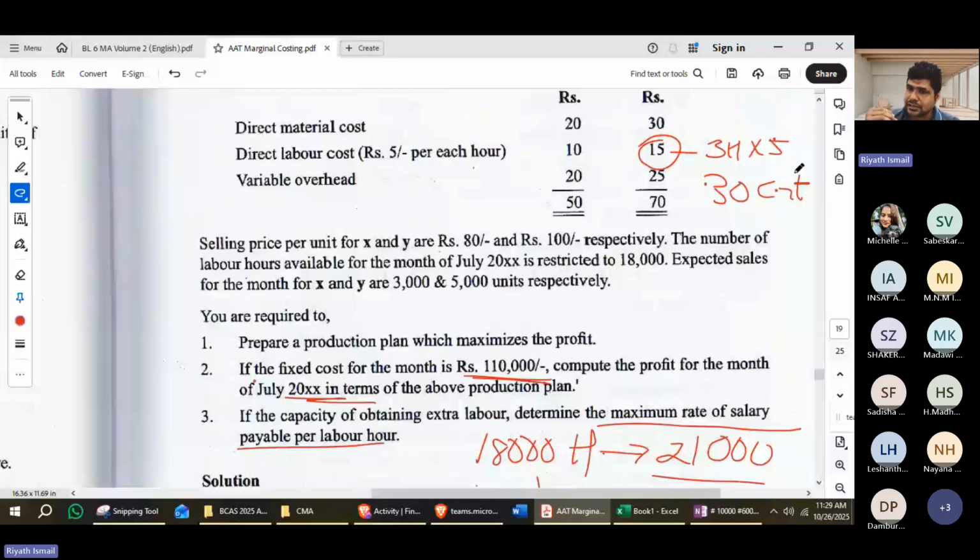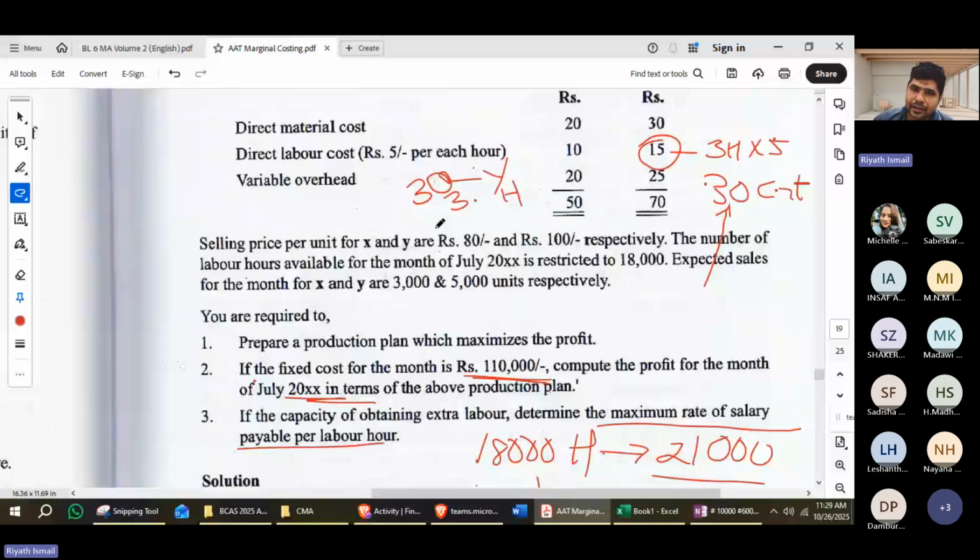There are chances of covering your cost up to 30. It gives you a gap of 30 rupees per unit of product Y, which requires 3 hours of labor.